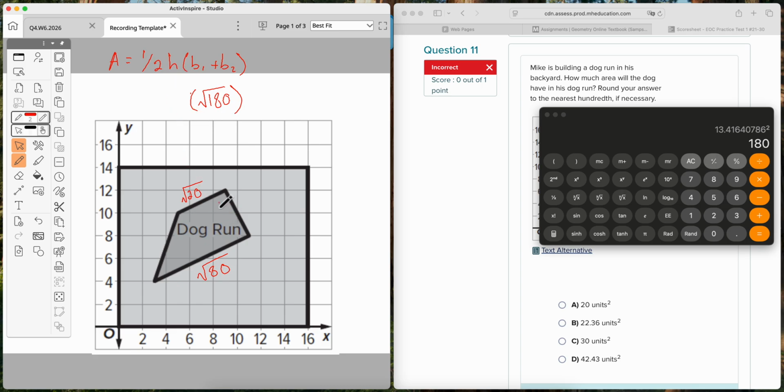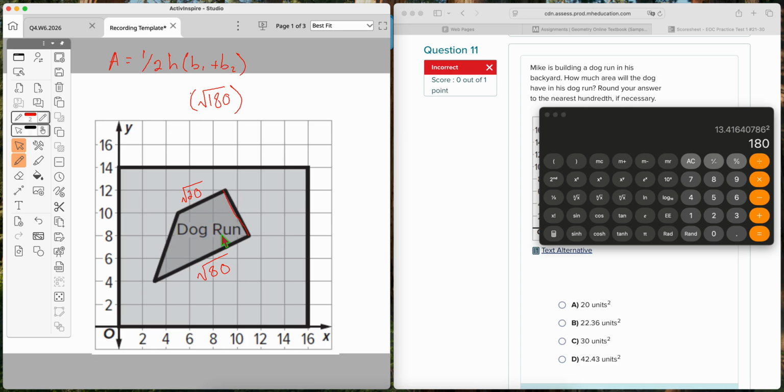My height, oof. Height is the distance from the top base to the bottom base. I'm just really hoping that this is perpendicular so that we could use this for the height, because I need to find the length of this side.